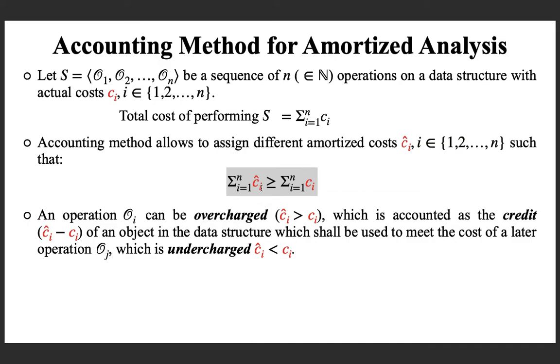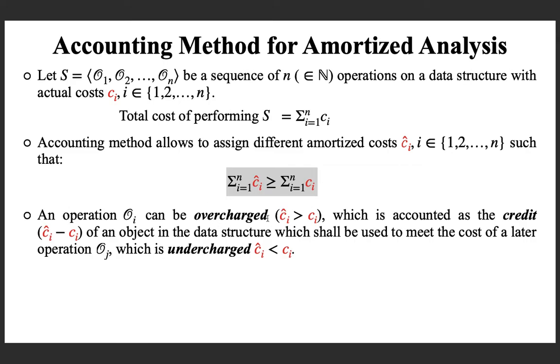And recall that an operation can be overcharged. An operation is said to be overcharged when the amortized cost is greater than the actual cost. For example, enter operation, the actual cost is 1, amortized cost in the previous case is assumed as 2, greater than 1. So then it is called overcharge.